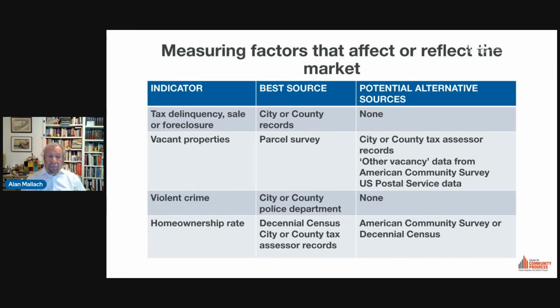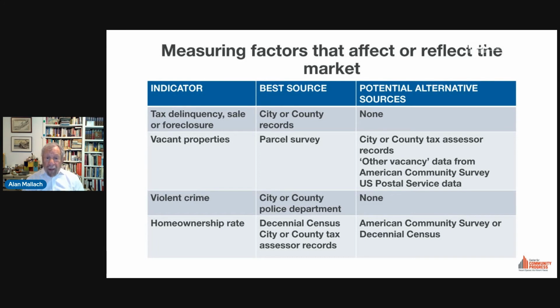City or county police departments typically have crime records that are down to the specific location of the crime that can then be coded to neighborhoods or census tracts. Now, some cities are more open about sharing their data than other cities, but the data is there.